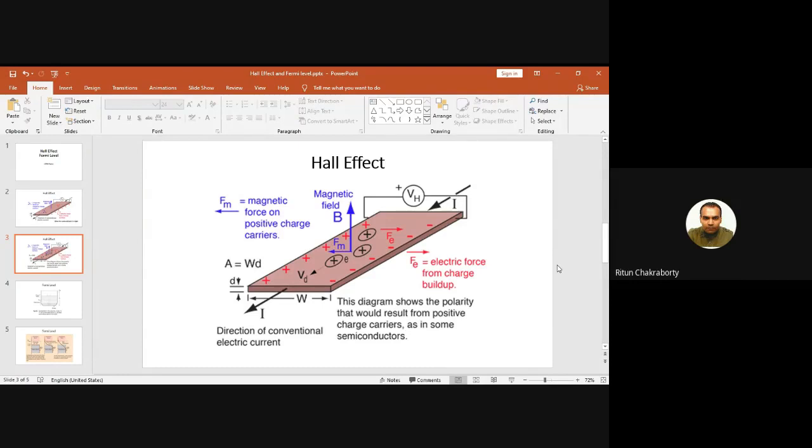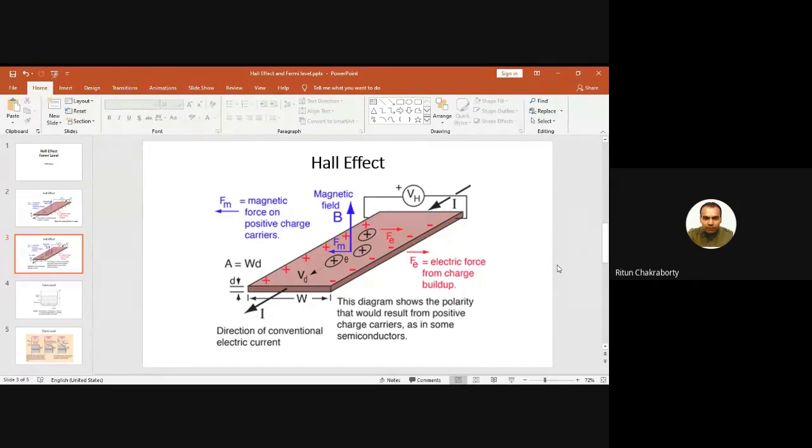Then you can find the corresponding values of Vx, Vy, Vz, and from them the current densities Jx, Jy, Jz. Some new terms appear in the expression for current density: sigma is conductivity, and omega c is cyclotron frequency.